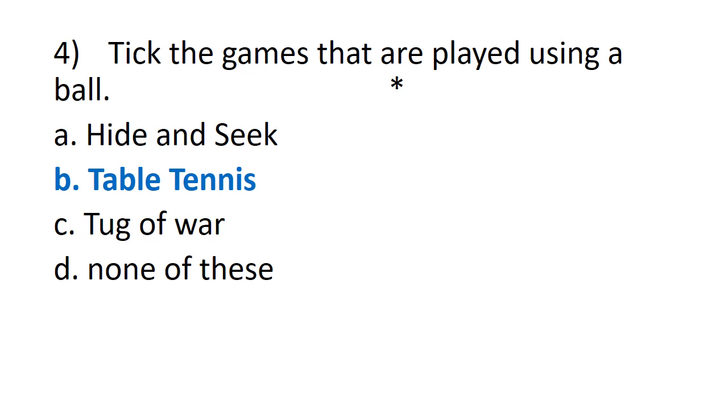So children, table tennis is a sport in which 2 or 4 players hit a lightweight ball back and forth across a table using small rackets. So in this game we are using a small lightweight ball, right? So table tennis is the right option.